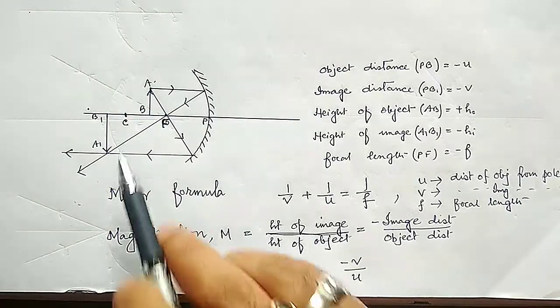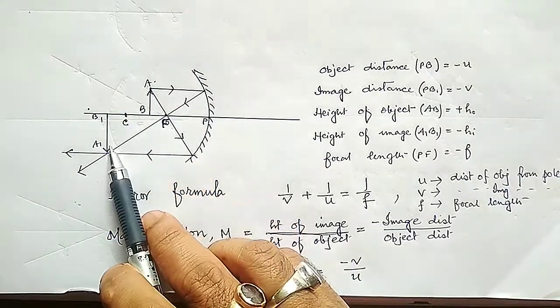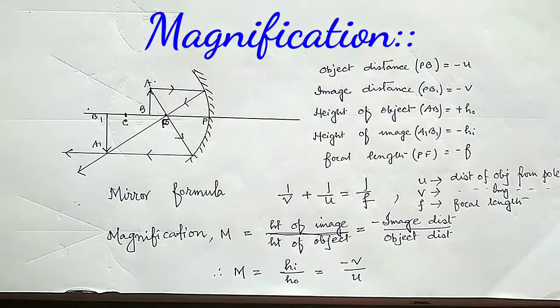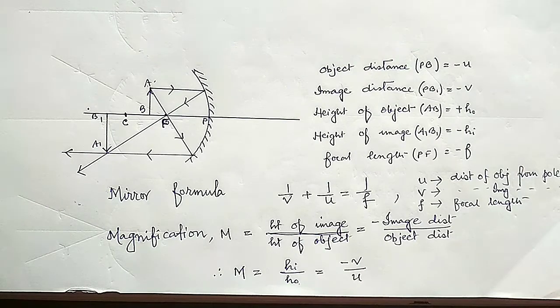Again, whenever we compare the height of the object and the height of the image, that ratio is called magnification. Magnification produced by a spherical mirror gives the relative extent to which the image of an object is magnified with respect to the object size. Magnification is generally defined as the ratio of the height of the image to the height of the object.